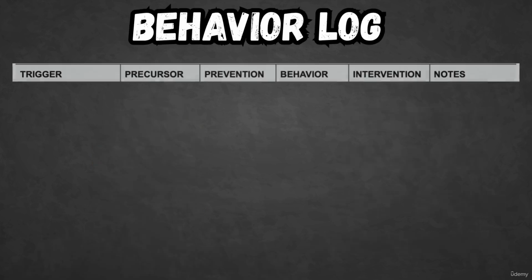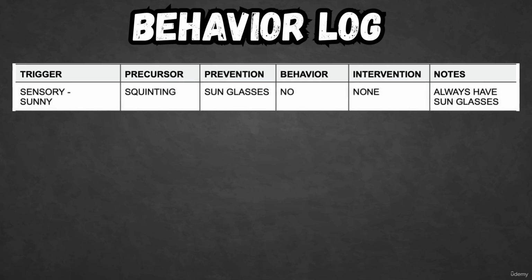The behavior log is set up with the trigger, precursor, prevention, behavior, intervention, and a notes column. In our first example, we're going to use sensory. It's too sunny outside, and you notice the individual is squinting as the precursor.